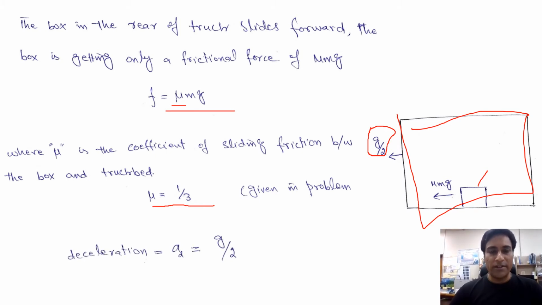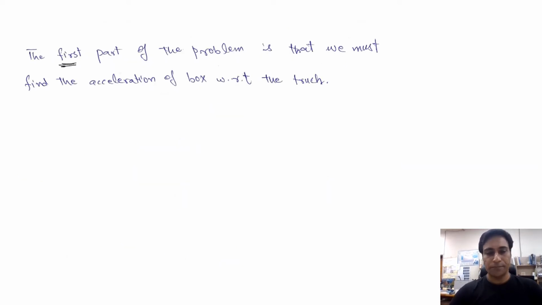As mentioned, the deceleration a_d is equal to g/2. The first part of the problem is that we must find the acceleration of the box relative to the truck.